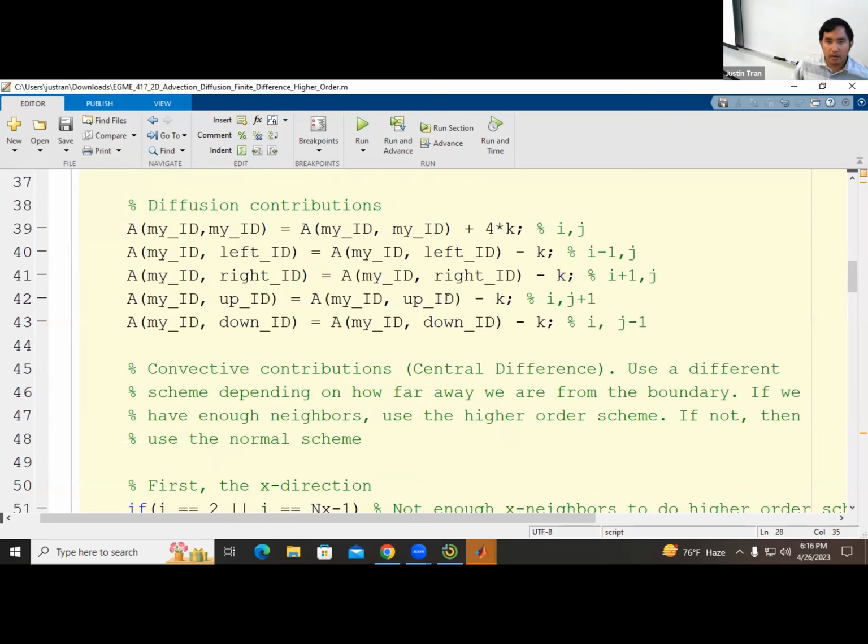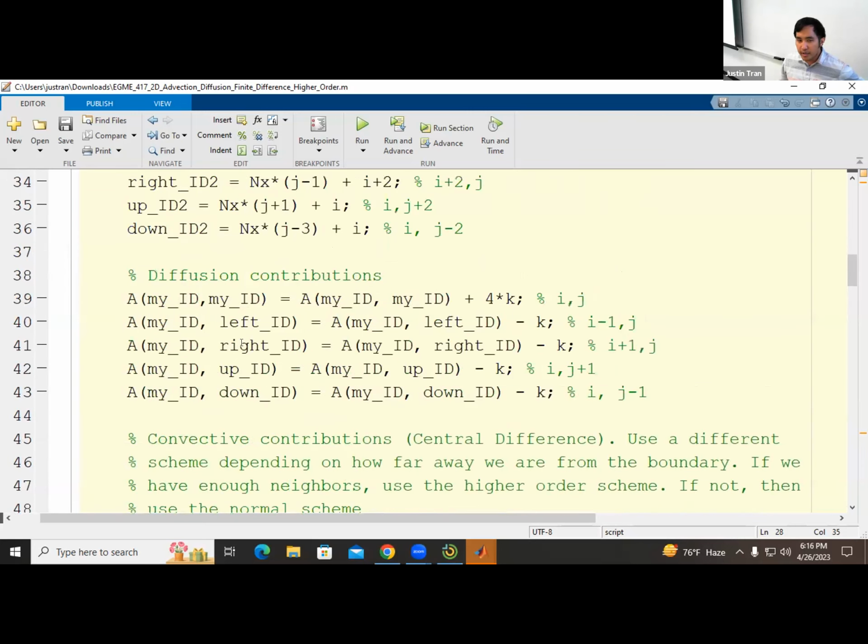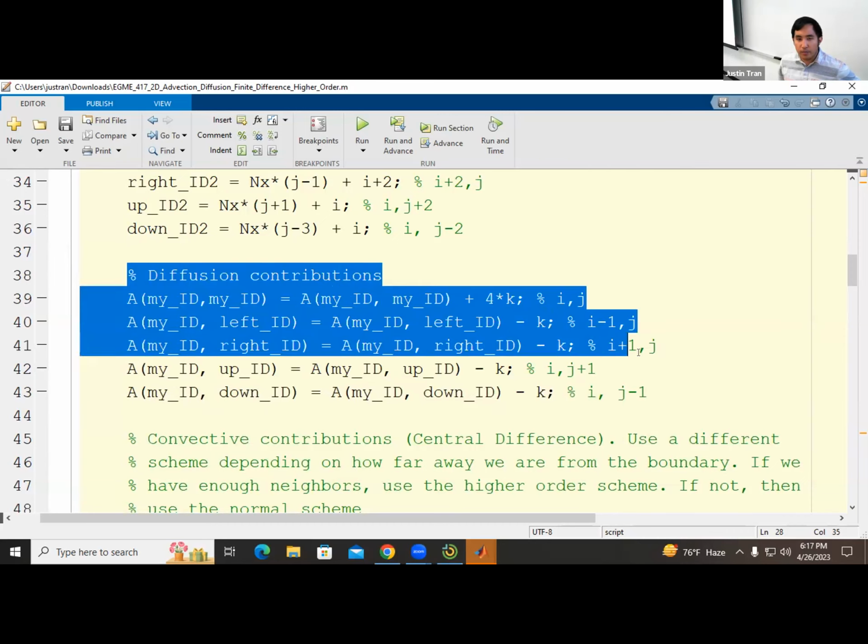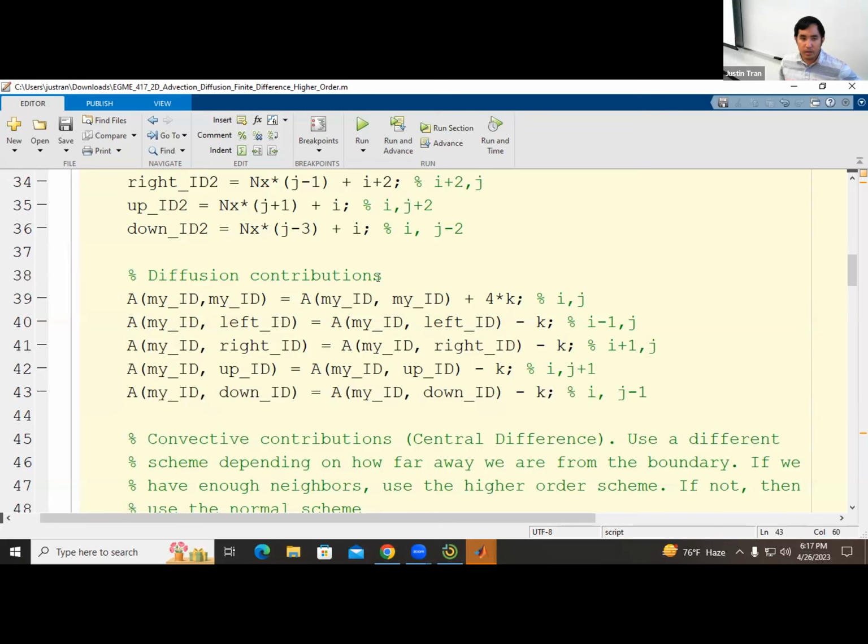From here, I've split up the contributions from the diffusion and the convection, because the convection is going to get a little bit complicated with the higher order stuff. But at least we know that the diffusion part is going to stay the same. So the diffusion I've implemented in the same way. For i comma j, the central node, we have a plus 4k here.